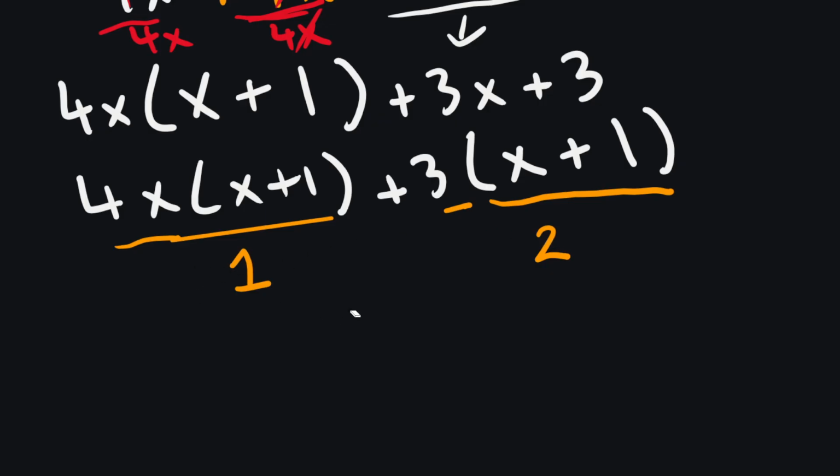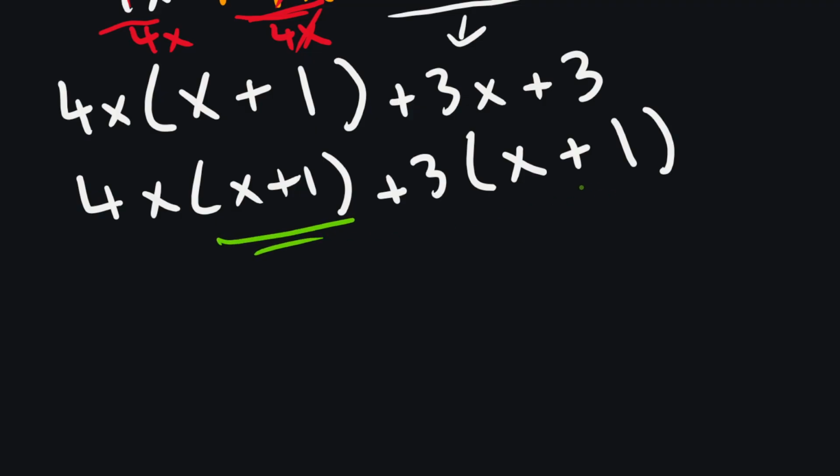So if you think about these as two terms, what is their greatest common factor? They're both being multiplied by x plus 1. So because they have a GCF of x plus 1, we can factor that out.